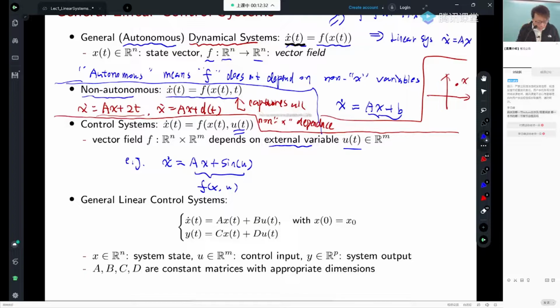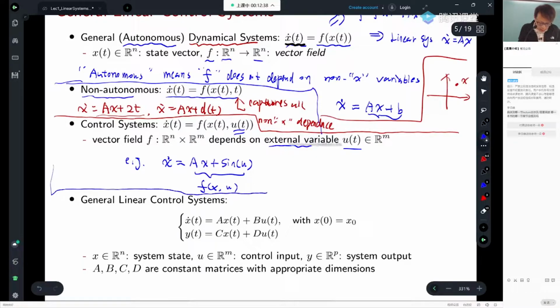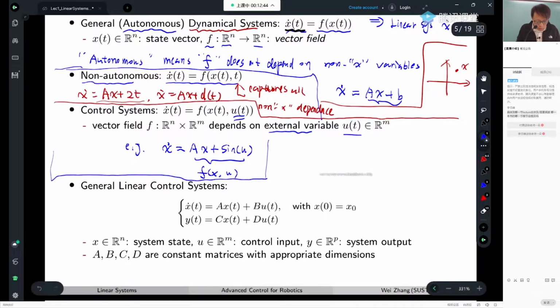But for now, and for this class, maybe the first half of it, we only need the linear system result, okay? This is a general linear control system. In this case, can you tell me what's the vector field function?